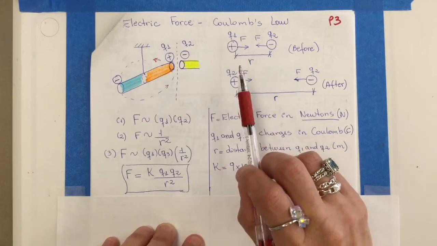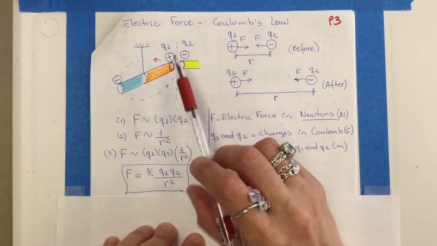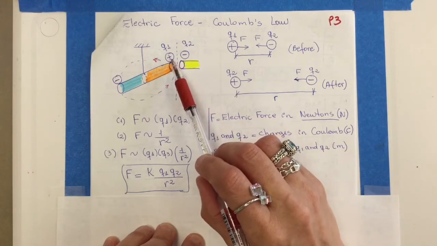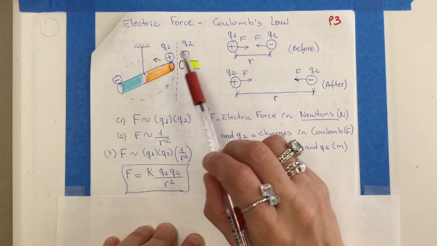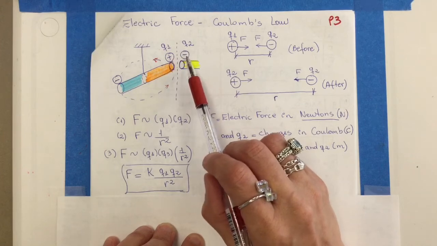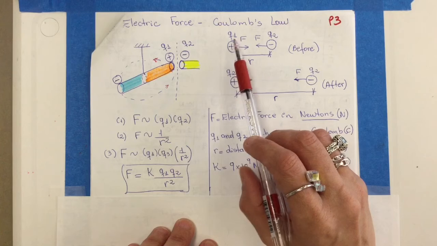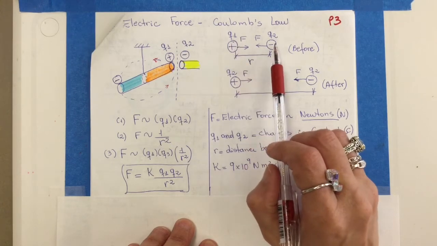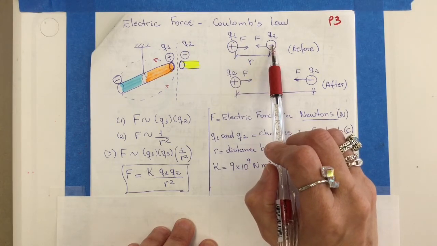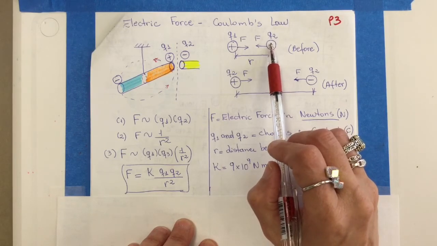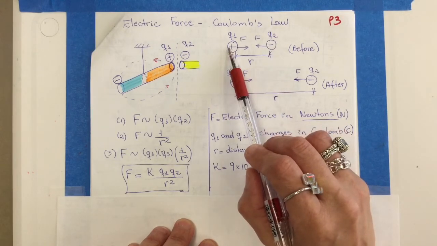So there is a force of attraction between both charges because they are opposite charges. One is positive, one is negative. So there is a force from the first charge towards the second one, and also a force of attraction between Q2 and Q1.